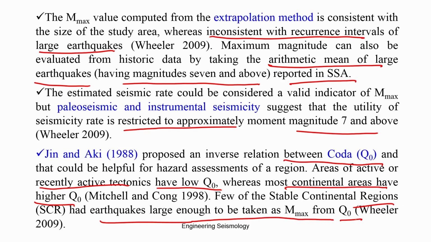That was suggested by Jin and Aki. So depending on the Q value you can take this one, but there is an issue with what type of seismotectonic region it is. Active region, continental region and stable continental region will have different Q0, so the Q0 based approach may not be universally adopted.